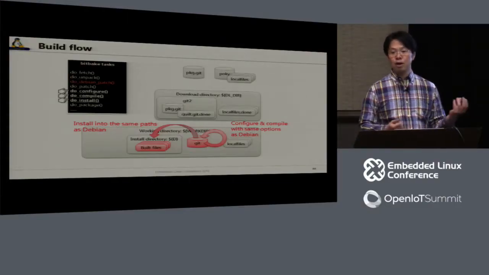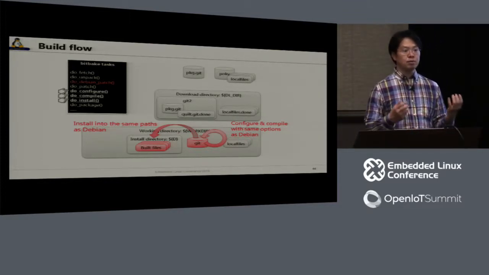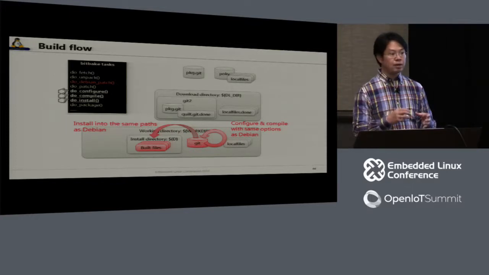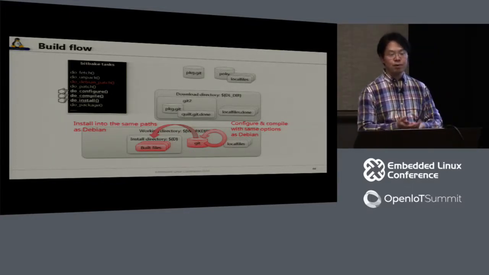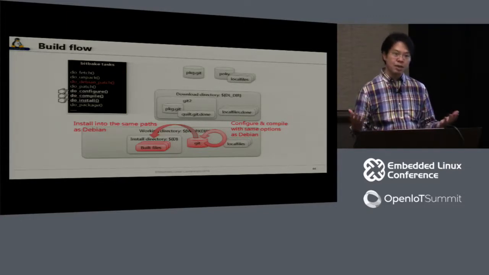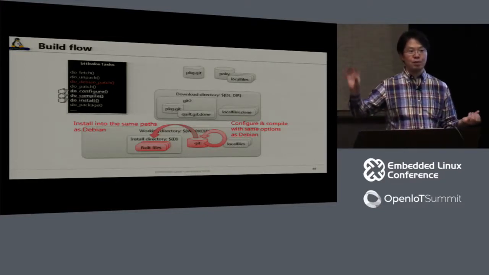But this configure option and also compile option can be overridden. Sometimes we would like to delete some features from the specific source code. For example, if we focus on installing the Apache web server, we don't need many features which are included in the original Apache servers.